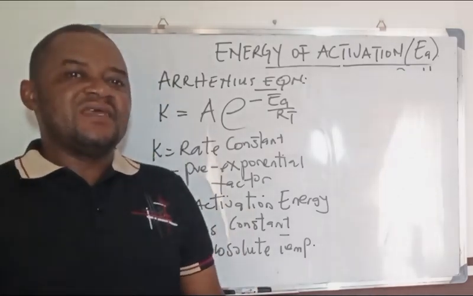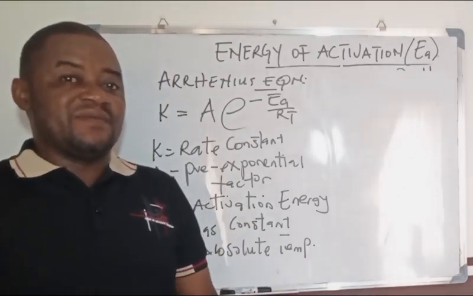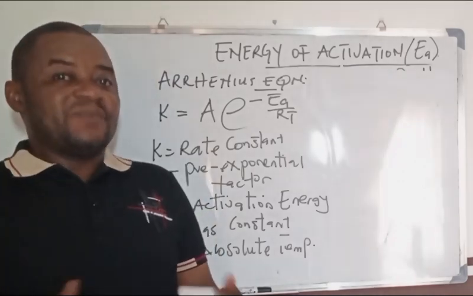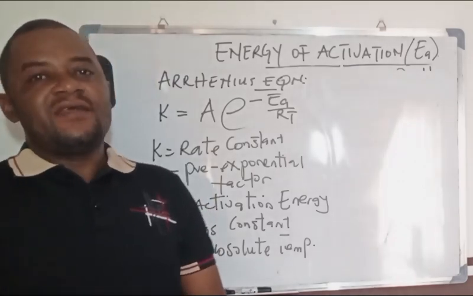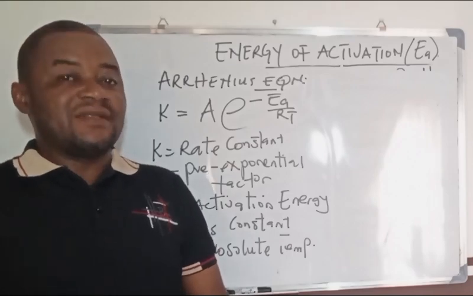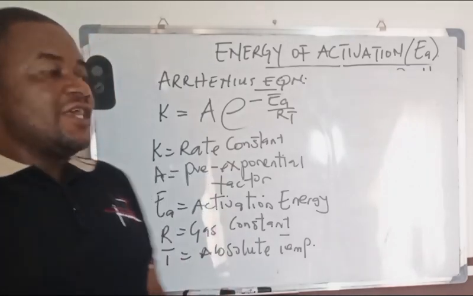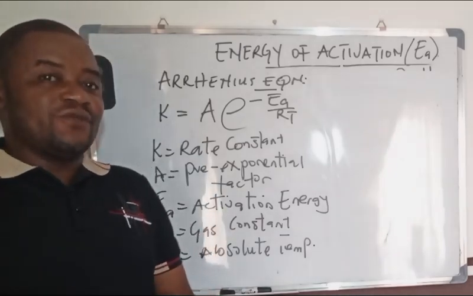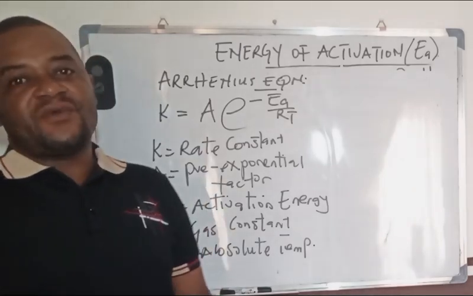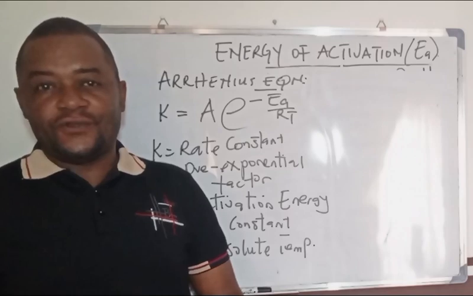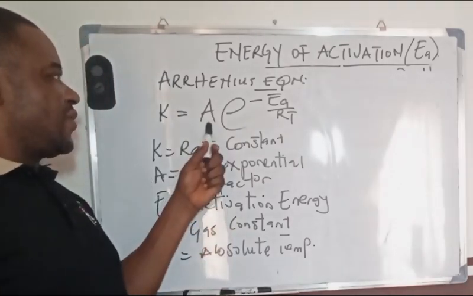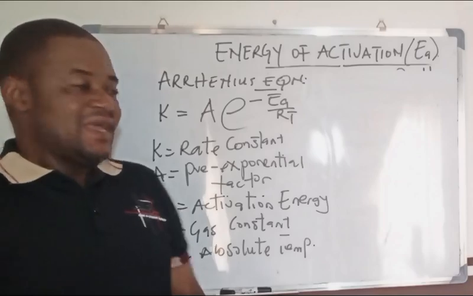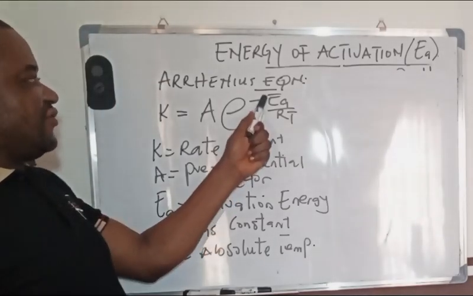It defines the amount of active molecules in the reactants that allow the reaction to take place. So if you are looking for the active molecules that took part in the collision for the reaction to occur and product to be gotten, then you are looking at the pre-exponential factor. And then this is the activation energy.